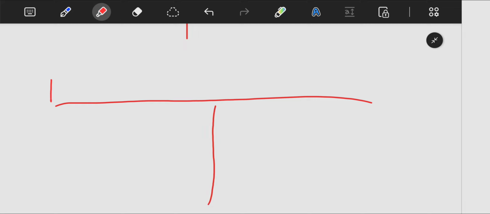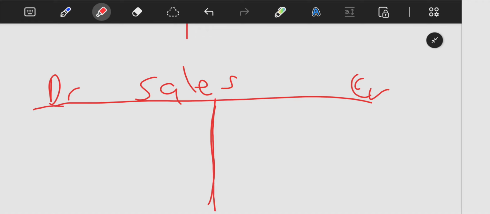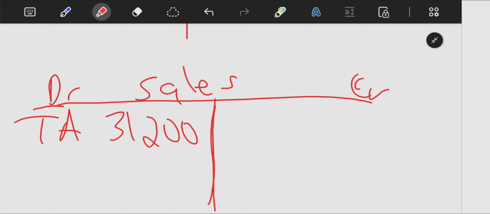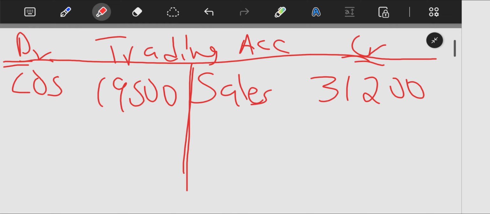Whenever there is a debit, there is a credit. Sales account. This is from the trading account, 31,200.